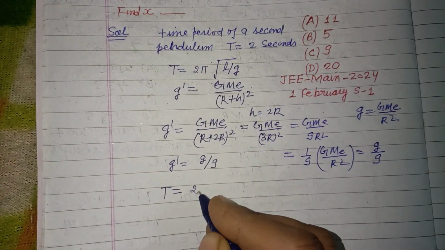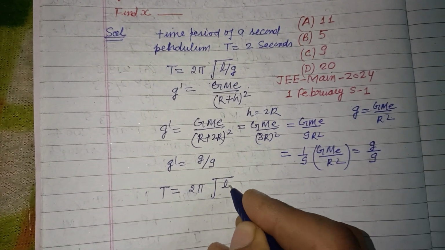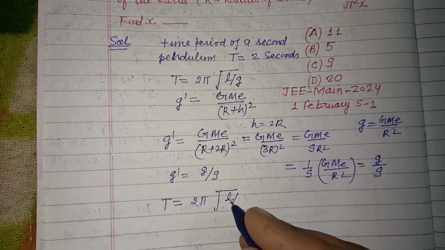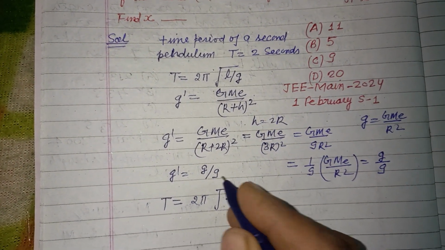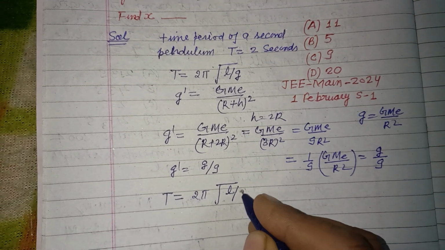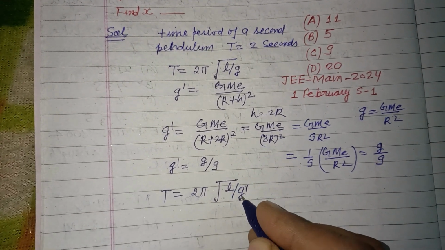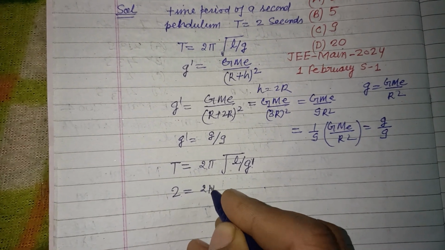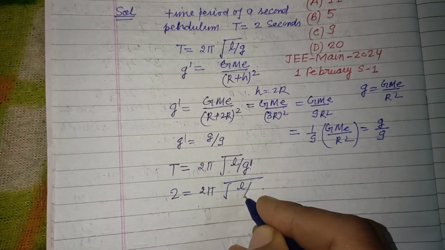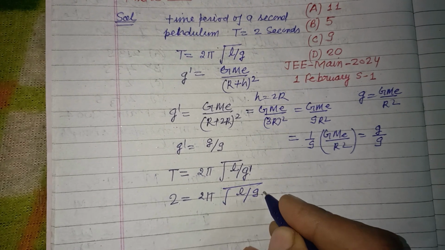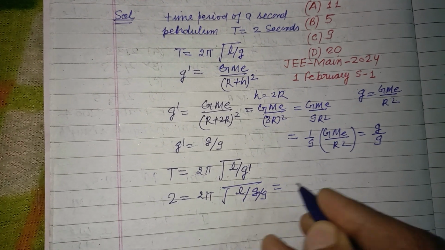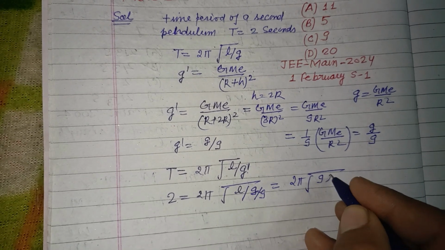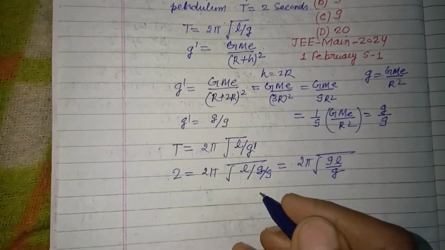So T equal to 2 pi under root, but the length of the pendulum changes due to the change in acceleration due to gravity. So T dash at height h is 2 pi under root L over g dash, where g dash is g by 9. So this will be 2 pi under root 9L over g.